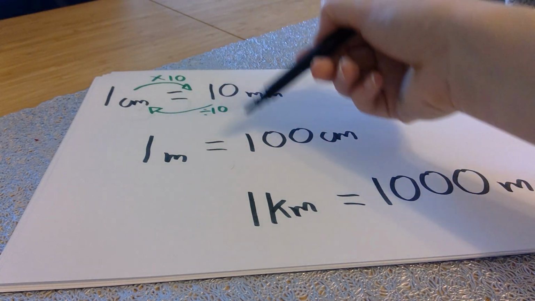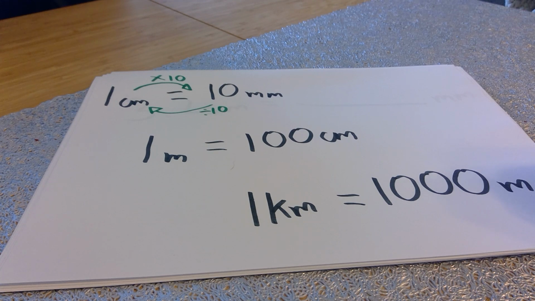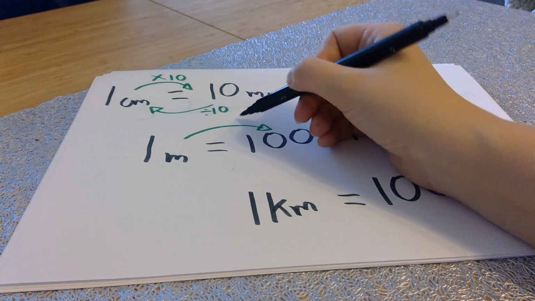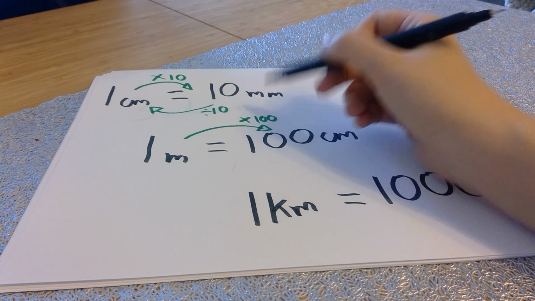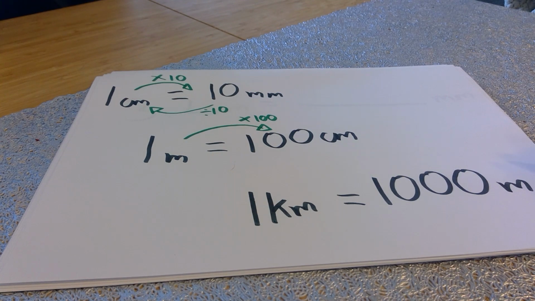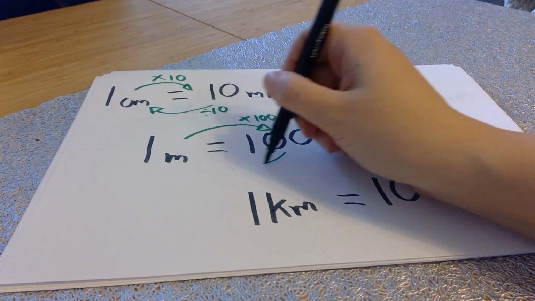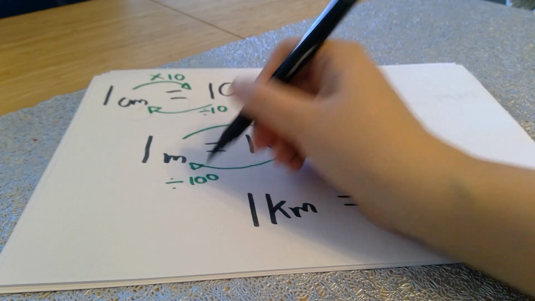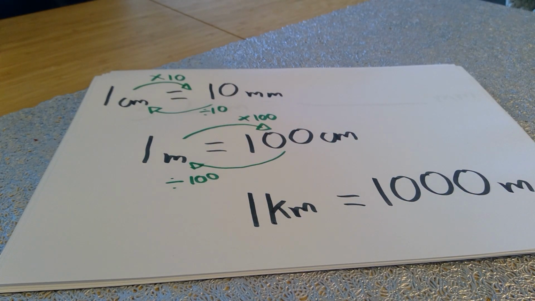Have a look at this next one. See if you can use this to help you to figure out what to do. Fantastic. So I'm going to multiply here by 100 because there are 100 centimetres in a metre. And if I wanted to get centimetres to metres, I would divide by 100 using the inverse operation. Excellent.